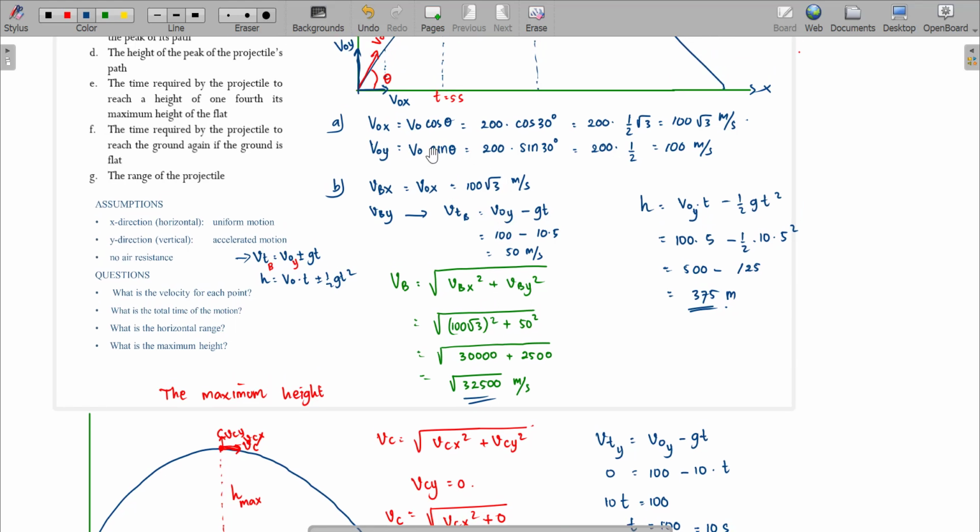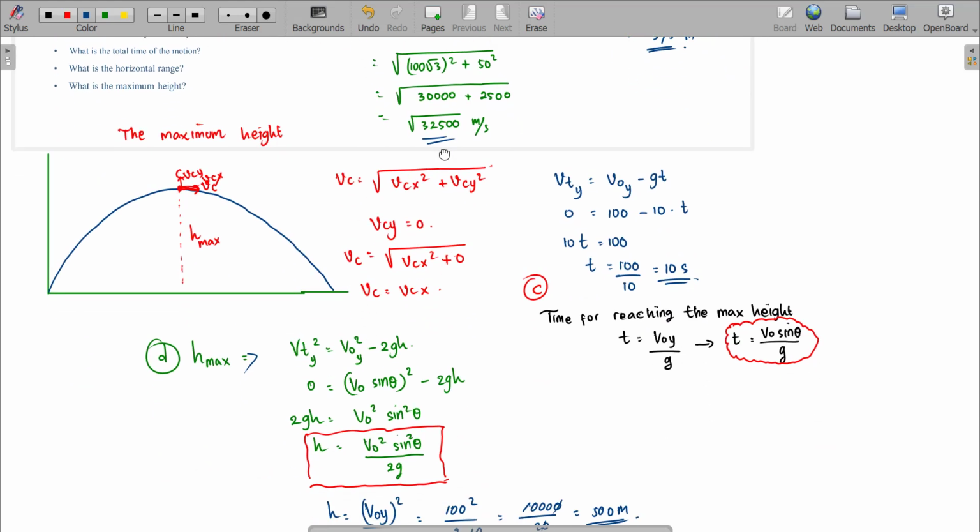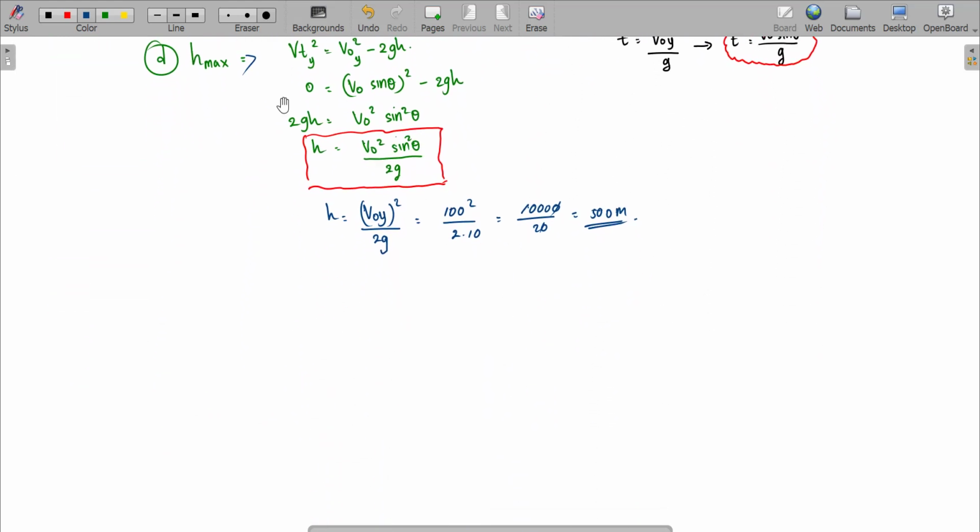Next, you have point E, the time required by the projectile to reach a height of one-fourth its maximum height. How much time? One-fourth. Point E, time for reaching one-fourth of the maximum height.